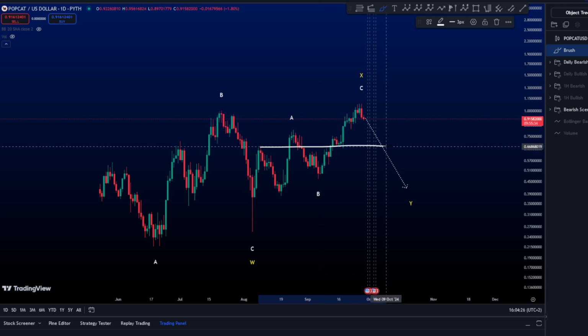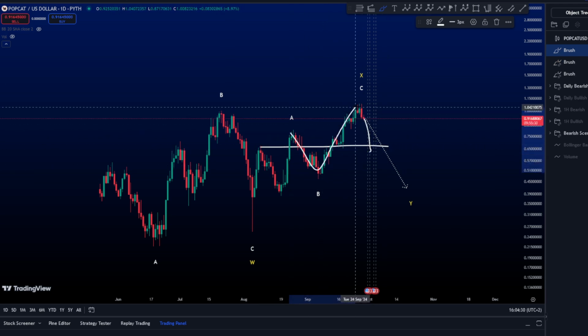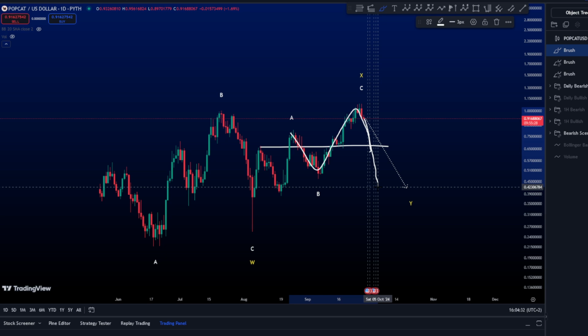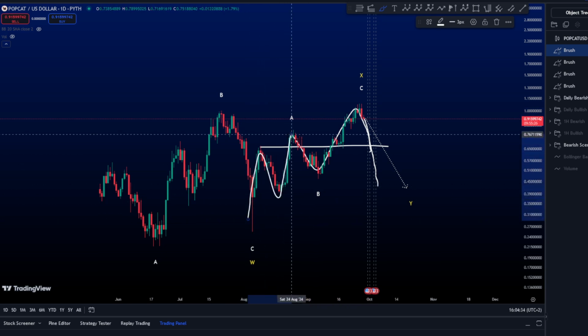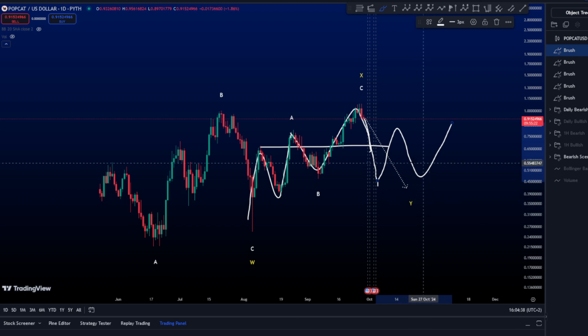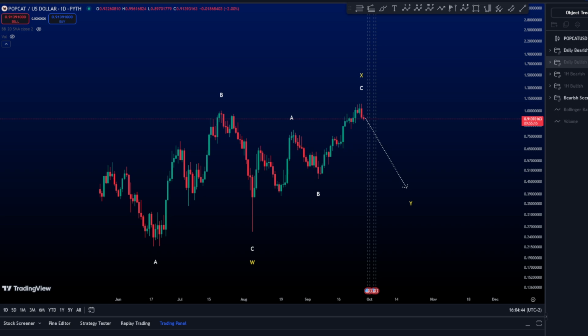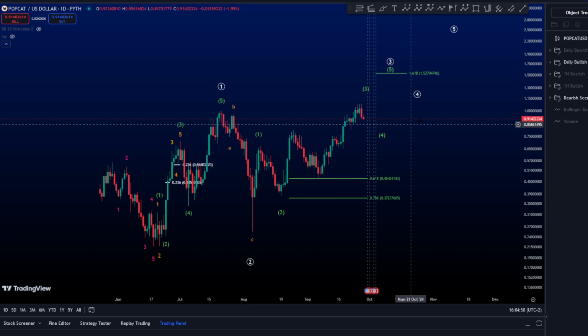So if we reach this level and we break it, we have to consider it as an expanding flat towards the downside after seeing a zigzag here, and finishing with a Y as a zigzag. So this is your bearish scenario. However, for now, it is a very low possibility compared to our bullish scenario.